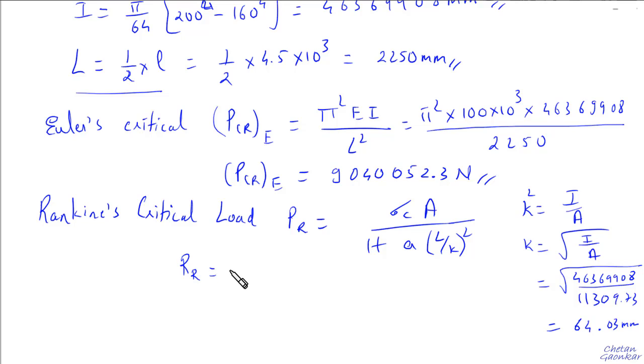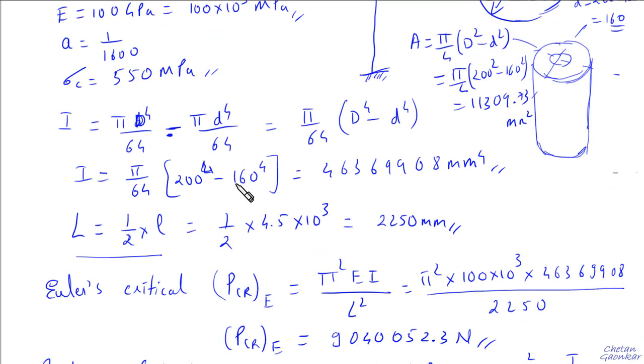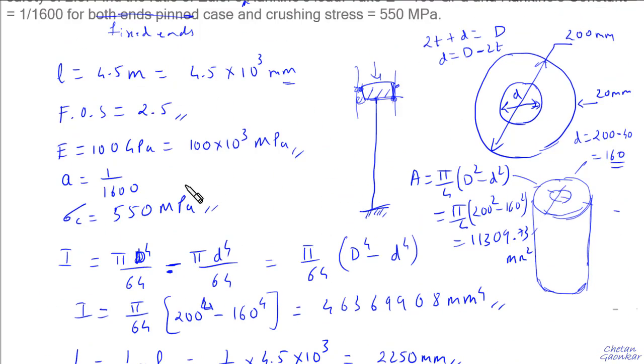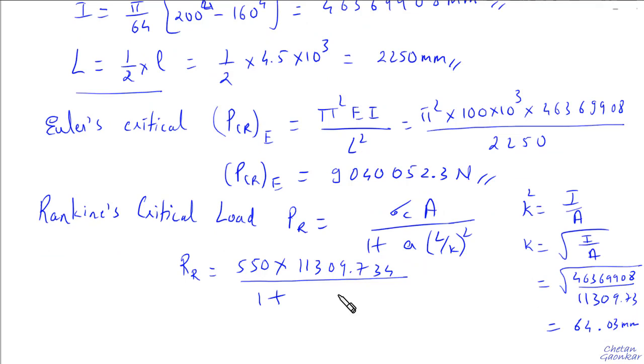Once we get this value of K, I will get the critical load from Rankine's formula. Sigma_C is given to us as 550 megapascals. The area we found just now is 11309.734, divided by 1 plus a times (L by K) whole square. The value of a is given to us as 1 divided by 1600.